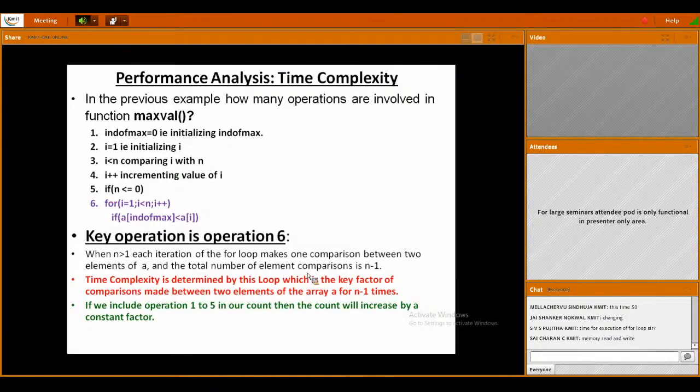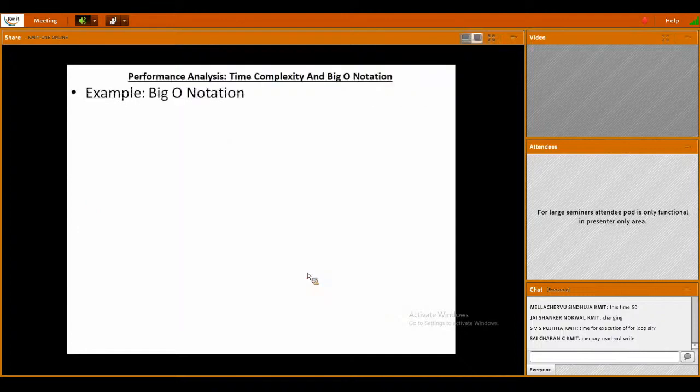Now the second one, if we include operations 1 to 5, right? Because they have to be taken into consideration, and then we need to find out. Therefore, I put it in green that if we include operations 1 to 5 as listed above in our count, then the count will increase by a constant factor. Means the time taken for the loop and the time taken for the performance of operations 1 to 5 as listed above, right?